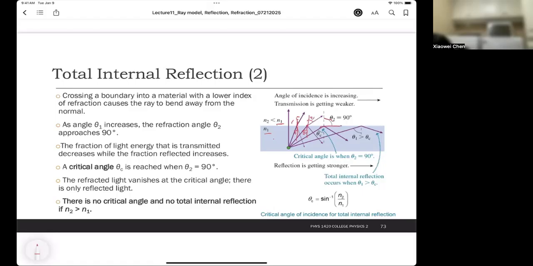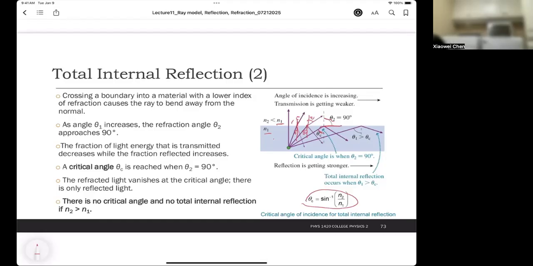The fraction of light energy that is transmitted decreases, while the fraction reflected increases. A critical angle theta c is reached when theta 2 equals 90 degrees. This is the angle theta c.